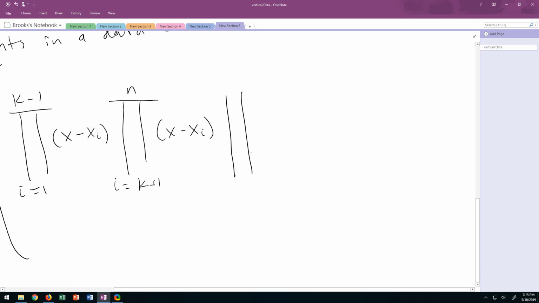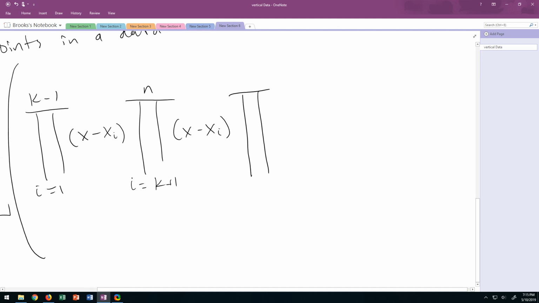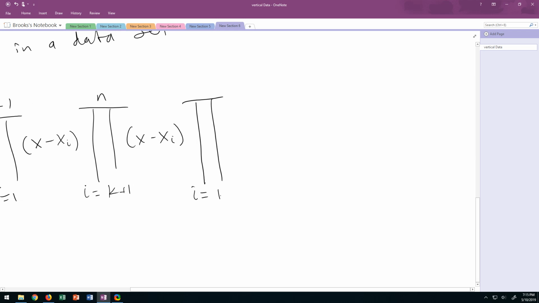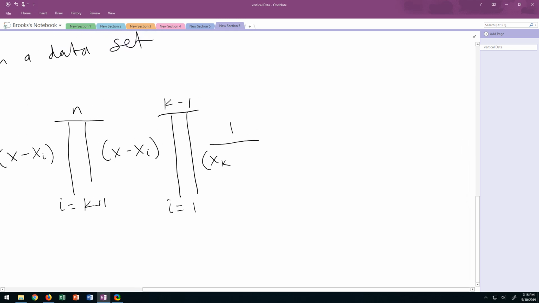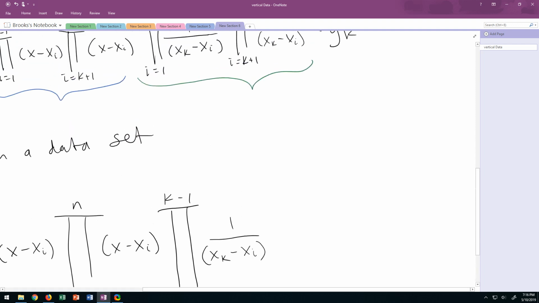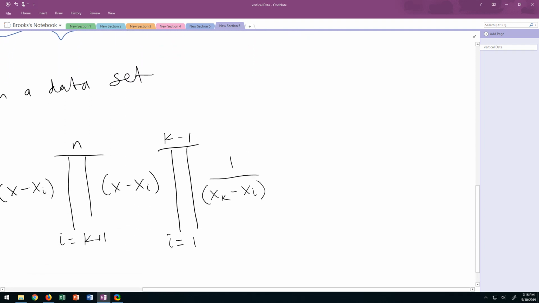All right, excuse me, that's my blue chunk. Now I'm going to do the green chunk. i equals 1 up to k minus 1 of 1 over x sub k, which is the known value, minus x sub i. Is that the same as I had above? Yeah, it's the same. Okay.